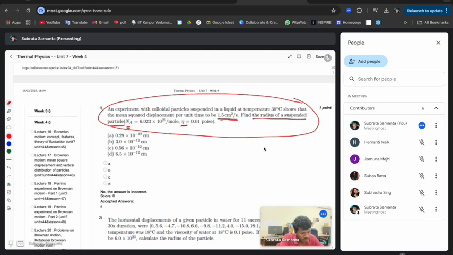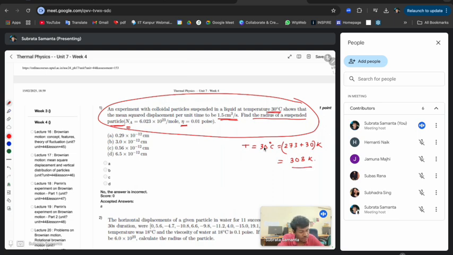First identify what is given. Temperature is given, so T is 30 degrees centigrade, that means 273 plus 30 Kelvin, so 303 Kelvin. Then the mean square displacement per unit time.